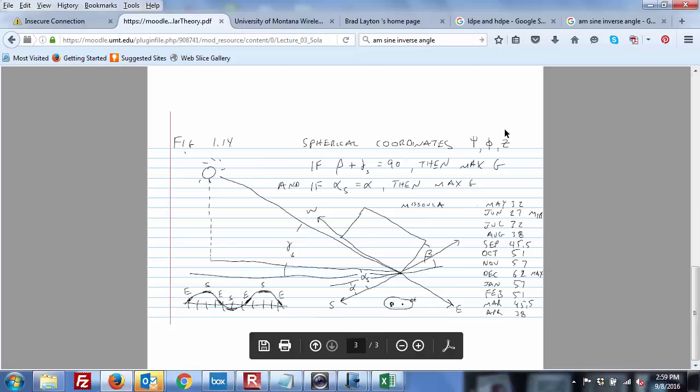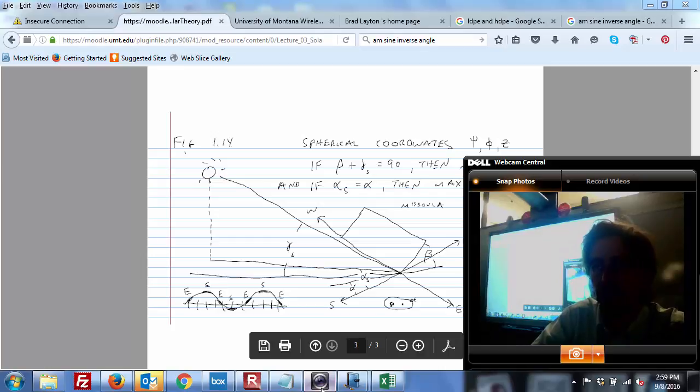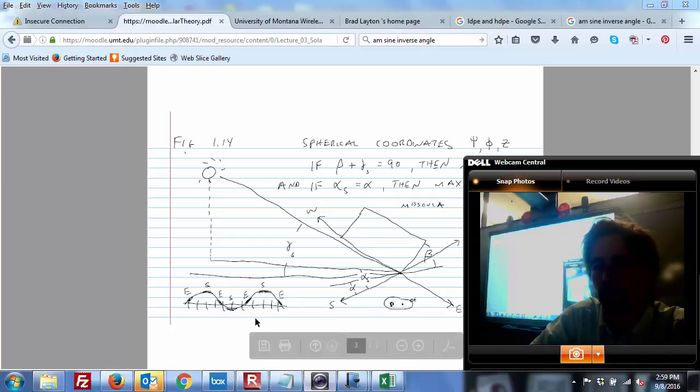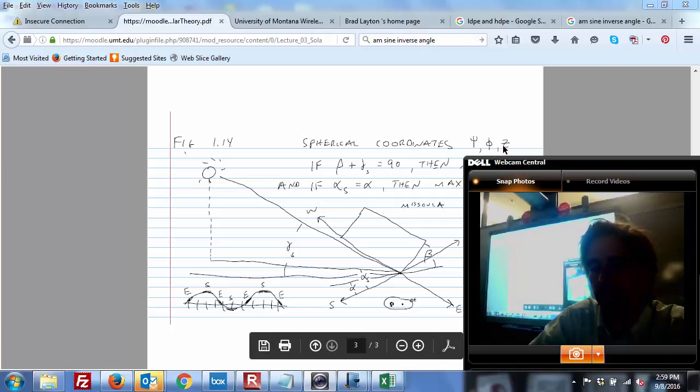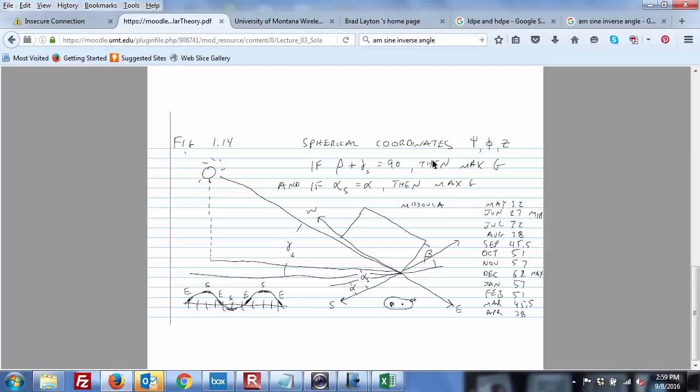Spherical coordinates. This is showing that if you've got the sun coming in, for spherical coordinates, just imagine you're on a certain latitude and longitude. So psi, theta, and z are the 3 different ways to measure that. And it is a challenge to draw.